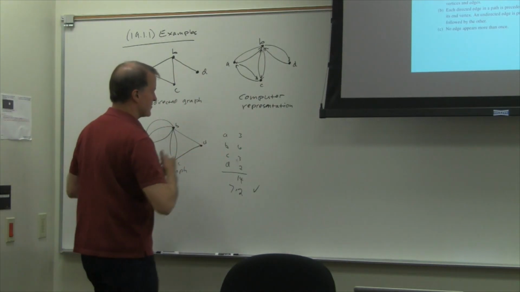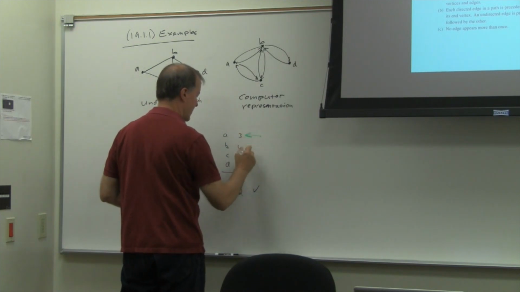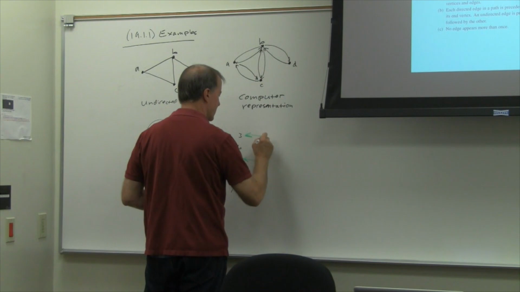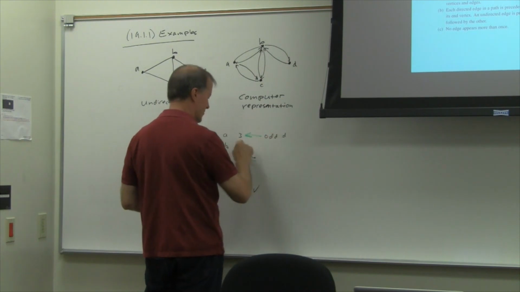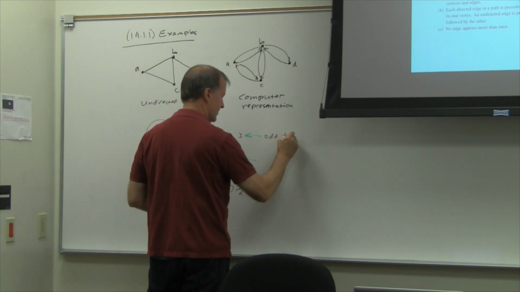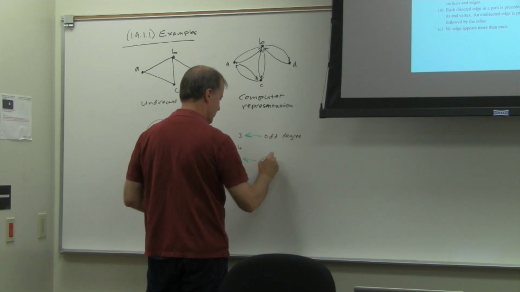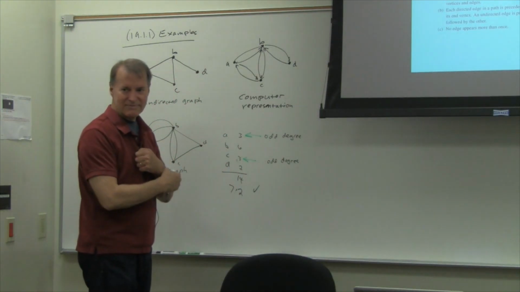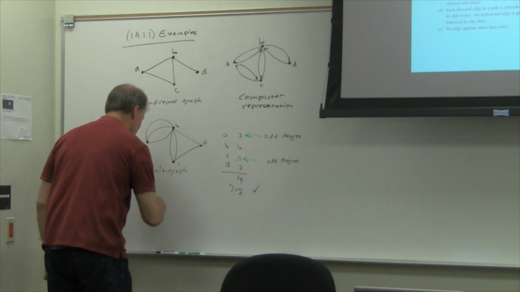A and C. So here is odd degree, A and C. This is odd degree because 3 is odd, right? And this is odd degree, right? So 2 vertices have odd degree, and 2 is even.